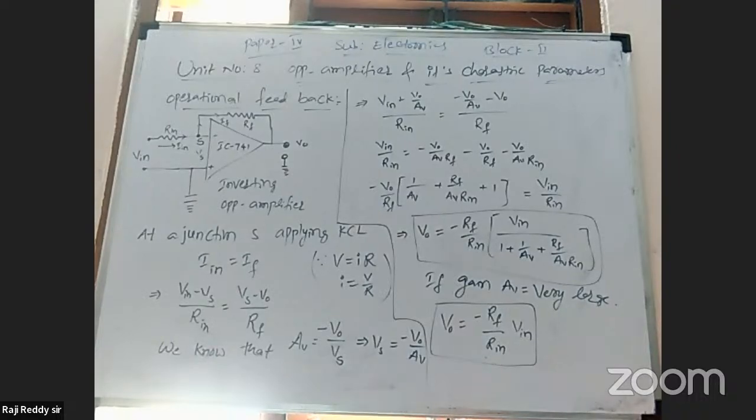Virtual ground and characteristics between ideal and practical operational amplifier are 5 marks. Or else sometimes they'll ask only to write a few characteristics points about the ideal operational amplifier. They'll ask like that also.